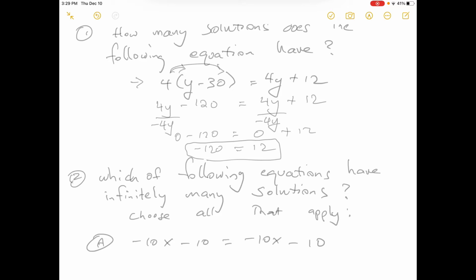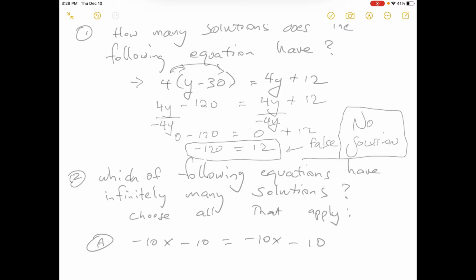In some cases, yes, but in this case, mathematically, the numbers say this is false. It's a false statement, and therefore there's no solution, because there's no value of y, or any variable for that matter, that is going to make this anything other than false. So that's how that works.